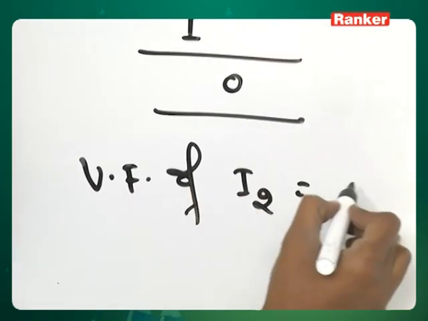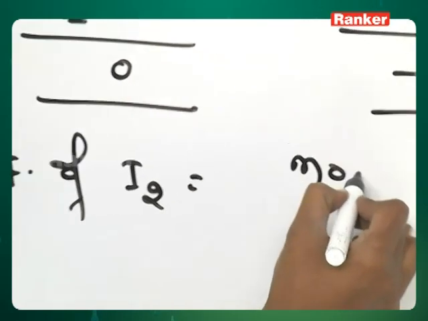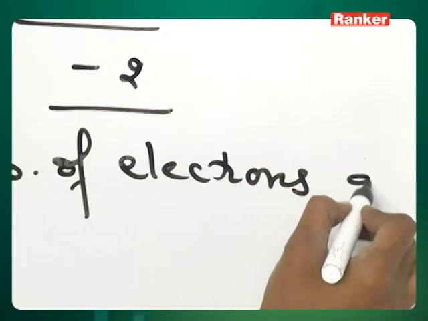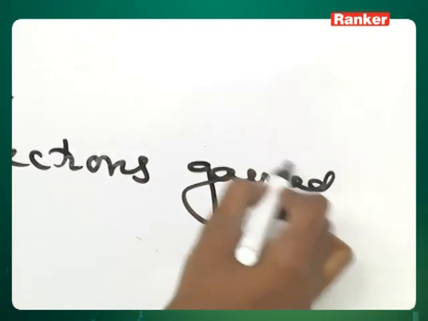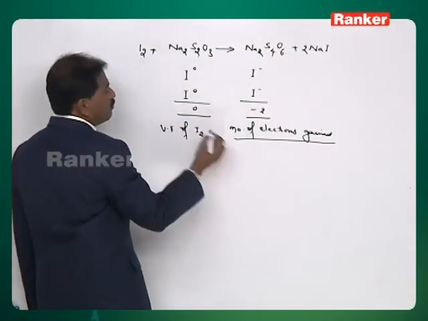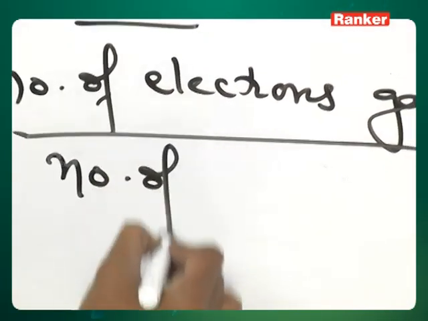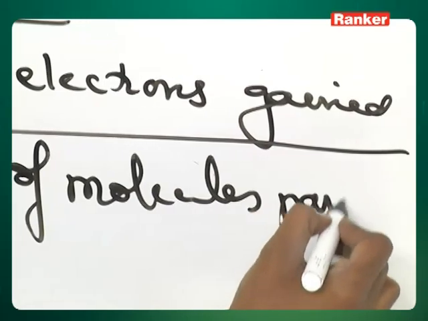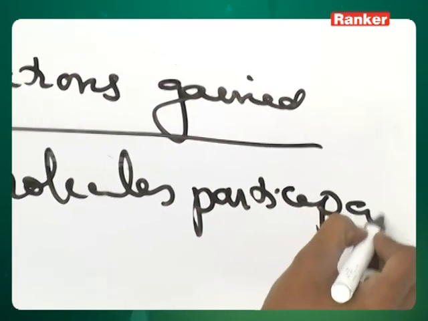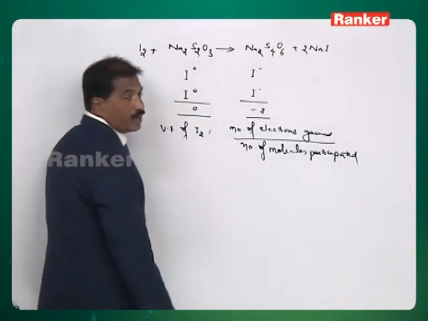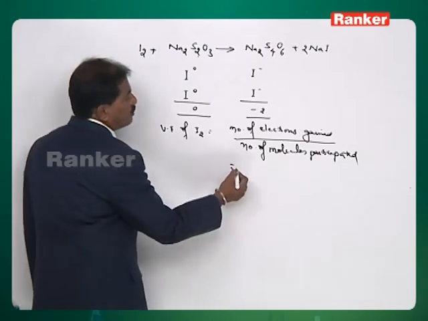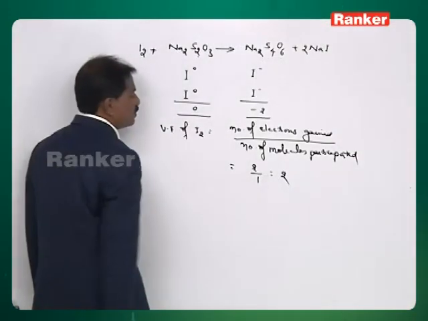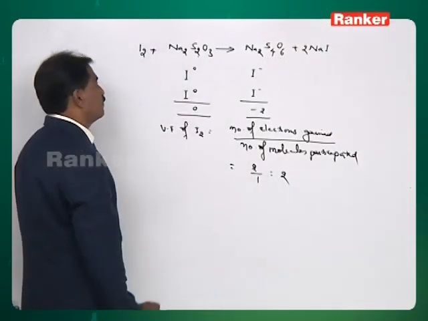Valence factor of iodine is number of electrons gained by number of molecules participated: 2 electrons, 1 molecule. So, the valency factor of iodine is 2.